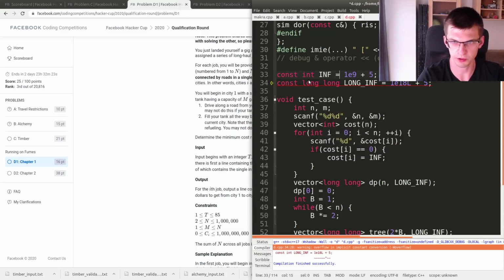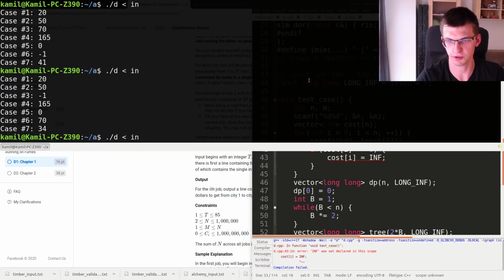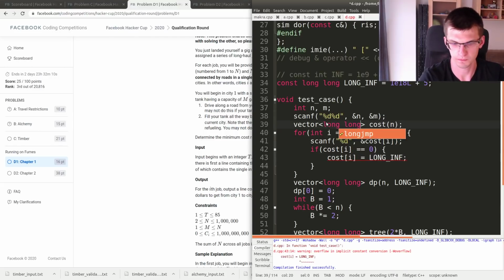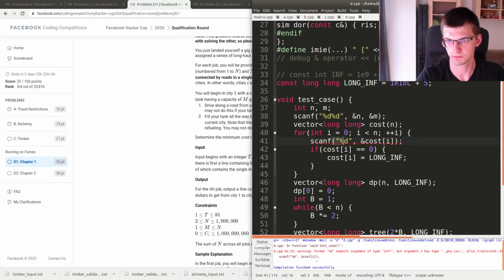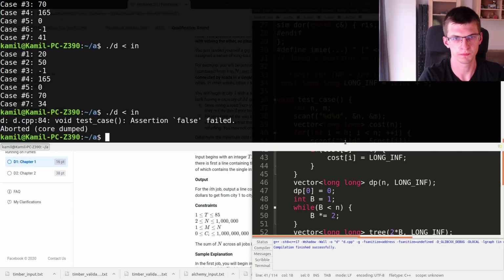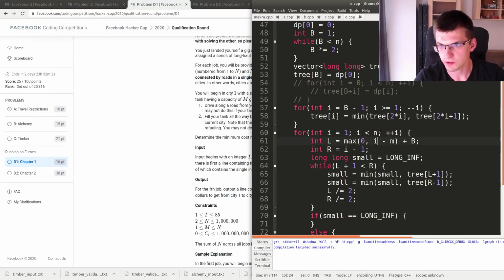If you have proper compilation flags, they will warn you about some stupid mistakes. Cost. I don't care about the cost. Assertion false.